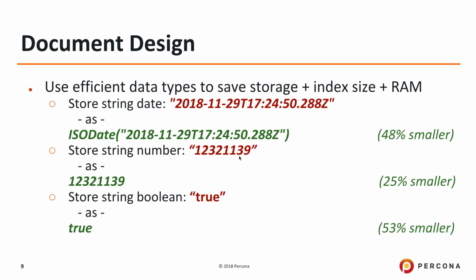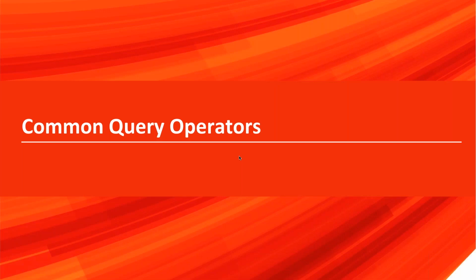And that translates to memory because your server automatically caches indexes. You could be using 25 to 53% less RAM in these examples if those were indexed fields that were queried often. So that's getting a little down in the details, but that's the biggest mistake I see in document design. Next is query operators.